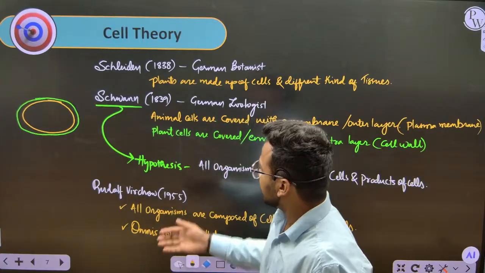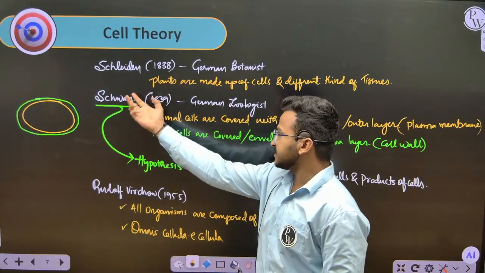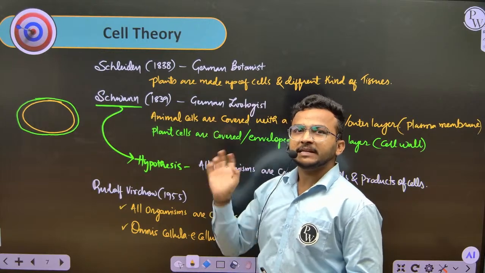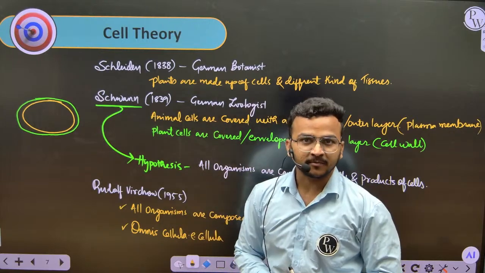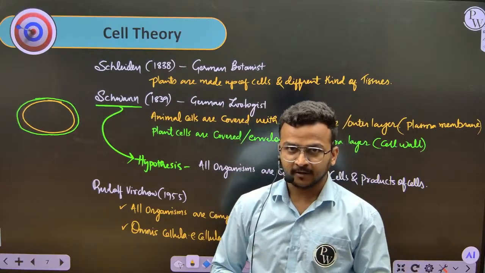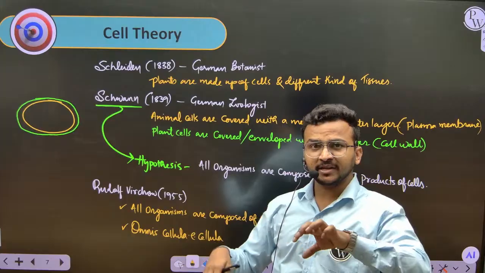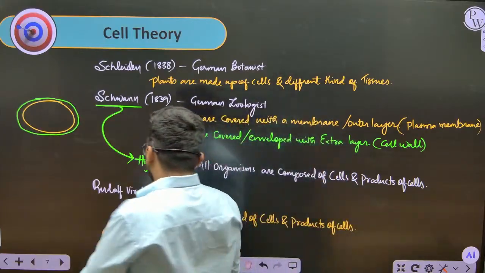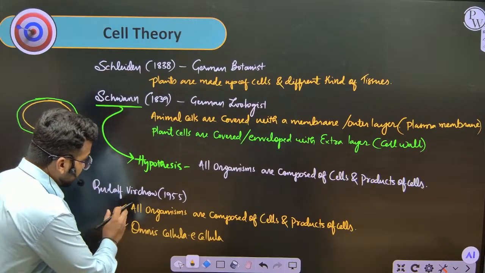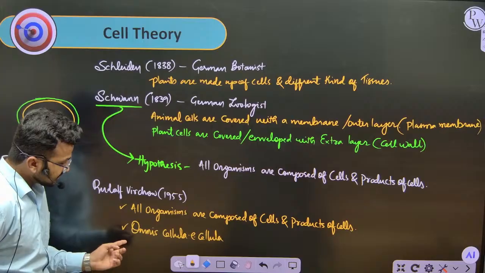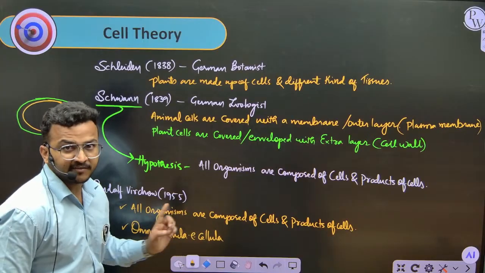If you see all the statements given by Schleiden and Schwann, nowhere do we get how the cell is formed. They are just describing that it is made up of cells. So Rudolf Virchow, in the year of 1955, came up with another statement, that is omnis cellula e cellula.